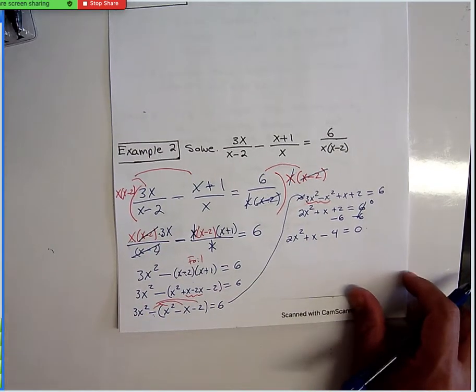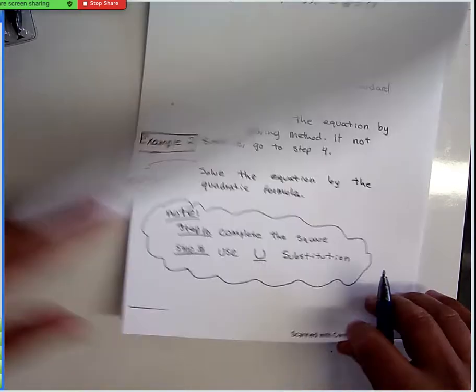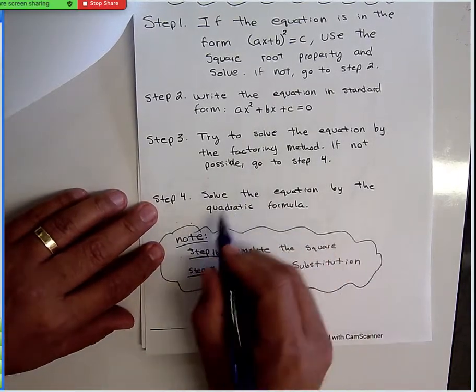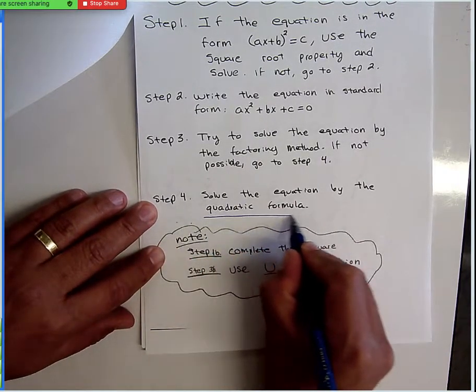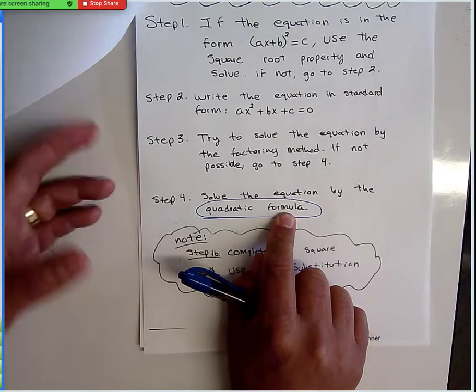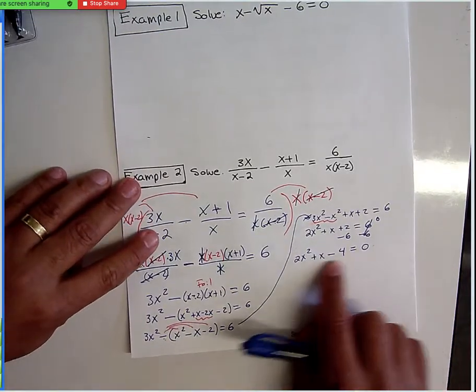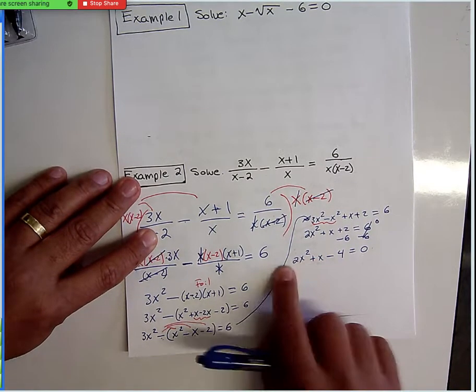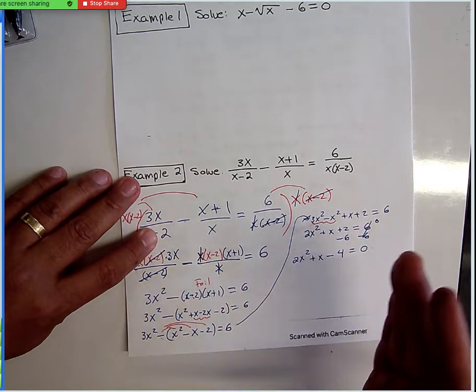So when that happens, when you're not able to factor, what's the last thing that we can always do? We can use the quadratic formula when you have this form. Everything needs to be on one side and the 0 on the other.